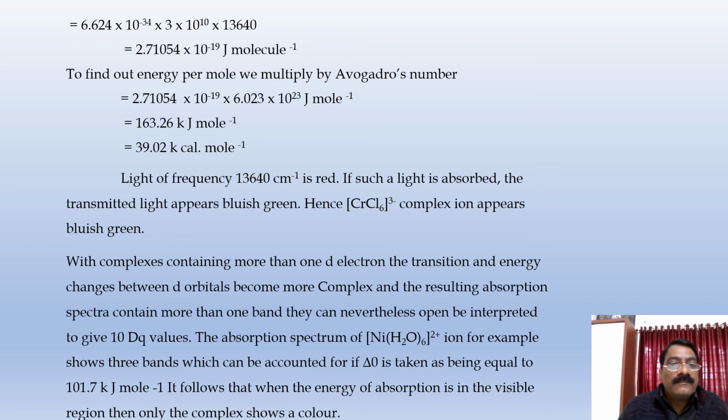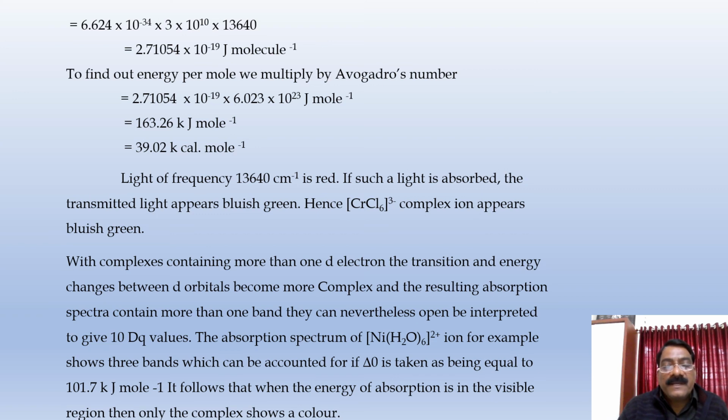With complexes containing more than one d electron, the transition energy changes between the d orbitals become more complex, and the resulting absorption spectra contain more than one band. They can nevertheless be interpreted to give the 10 Dq values.